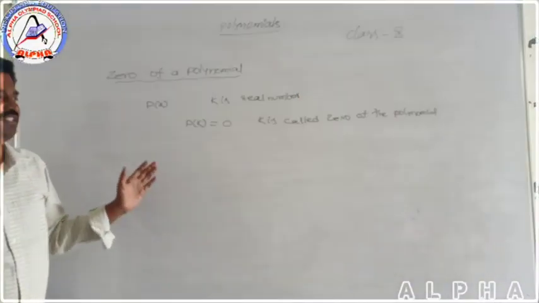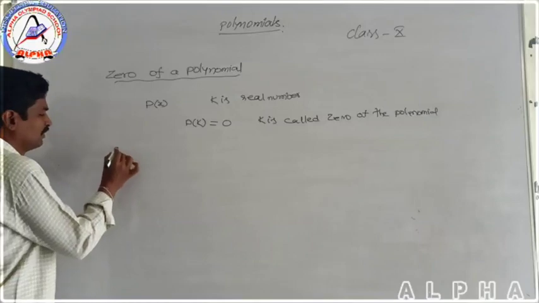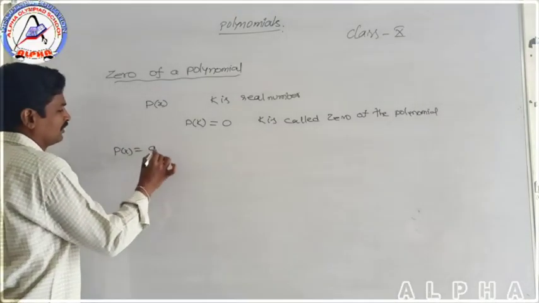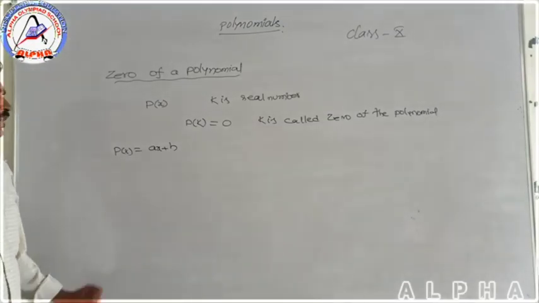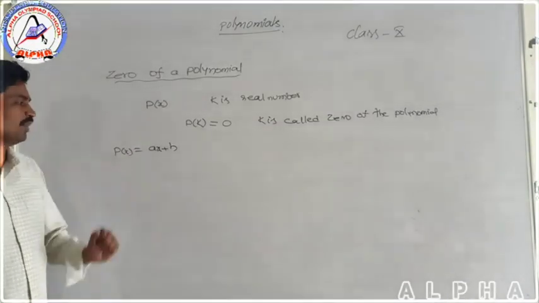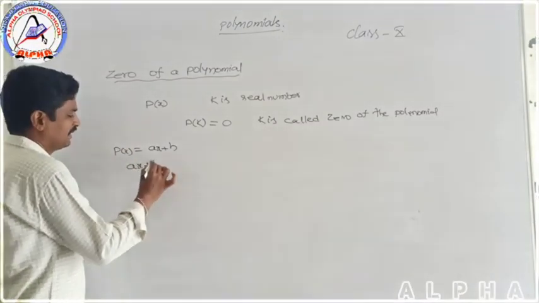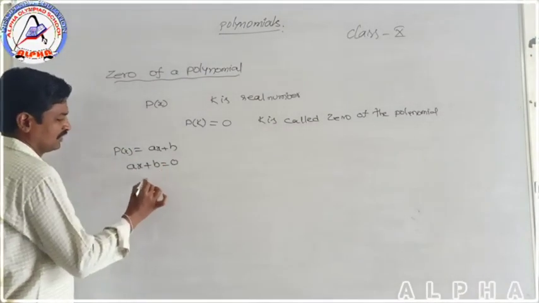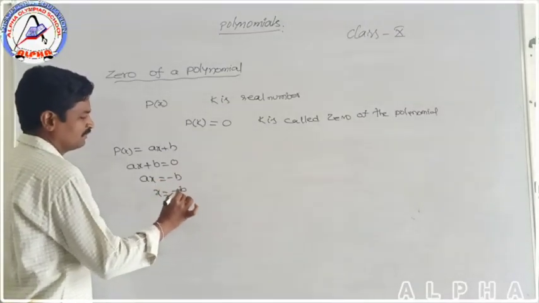And we discussed all this in 9th class also. Suppose p of x is equal to ax plus b. We have to find its zero. When we have to find the zero of the polynomial ax plus b, just equate it to 0. That is, ax plus b is equal to 0, so ax is equal to minus b, x is equal to minus b by a.